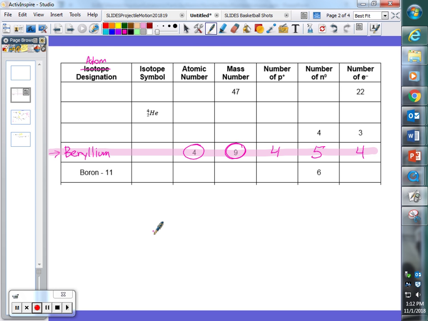However, we're not done. We will find out, probably at the beginning of class tomorrow, that there are different beryllium atoms out there. We said that when we write names of something, we have a name with a dash and then followed by a number. What number comes after the dash in the name of this atom? 9, because this number here is the what?